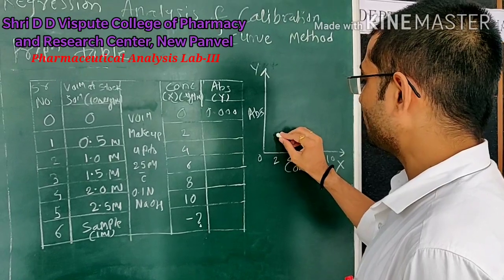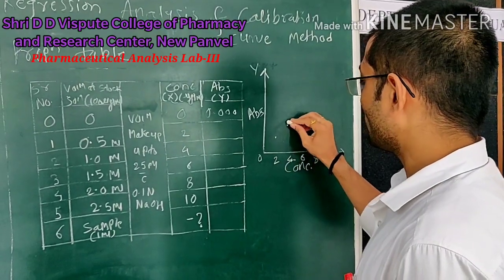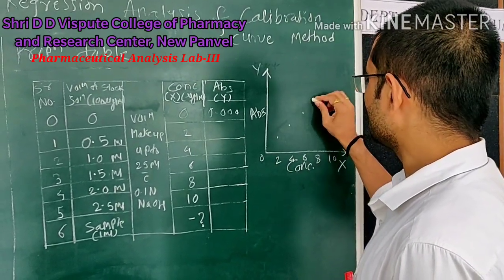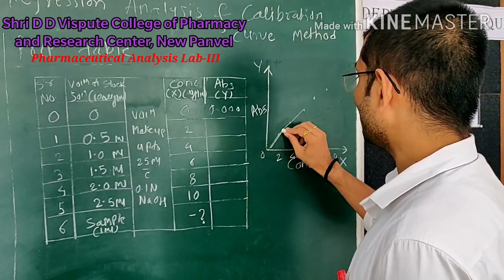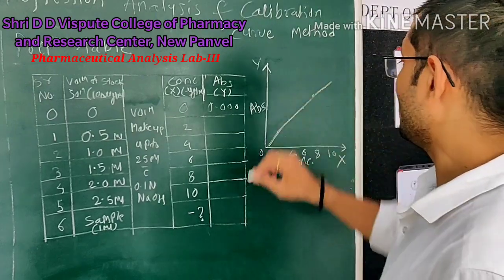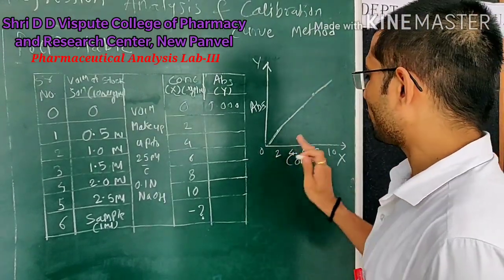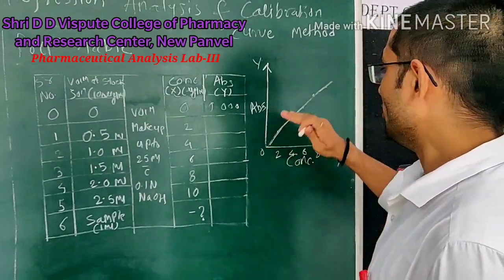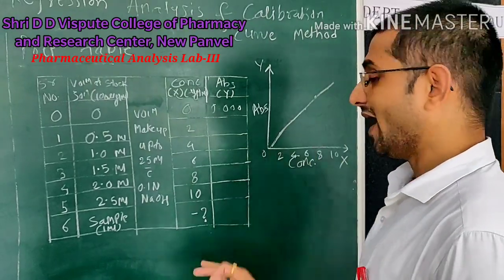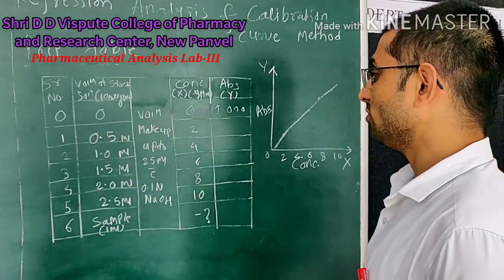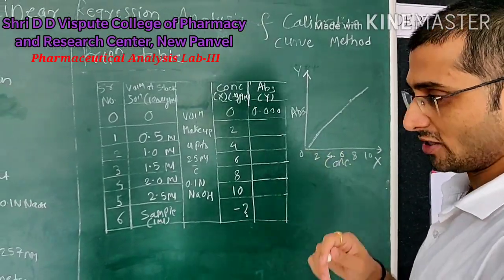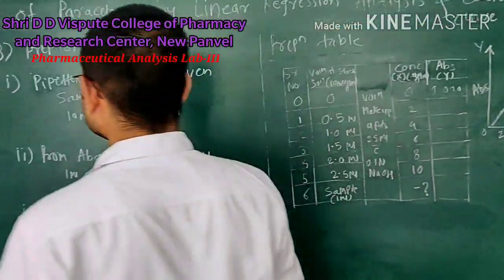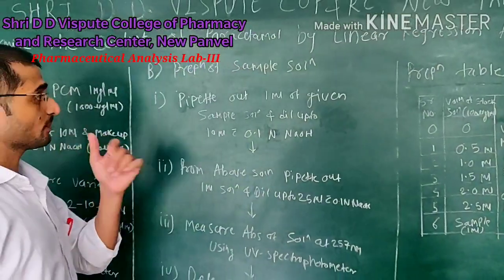Note down the absorbance of these solutions, and make one straight line, the best fit line, from these readings. Then measure the absorbance of the unknown, extrapolate the absorbance on the x-axis and determine the concentration.